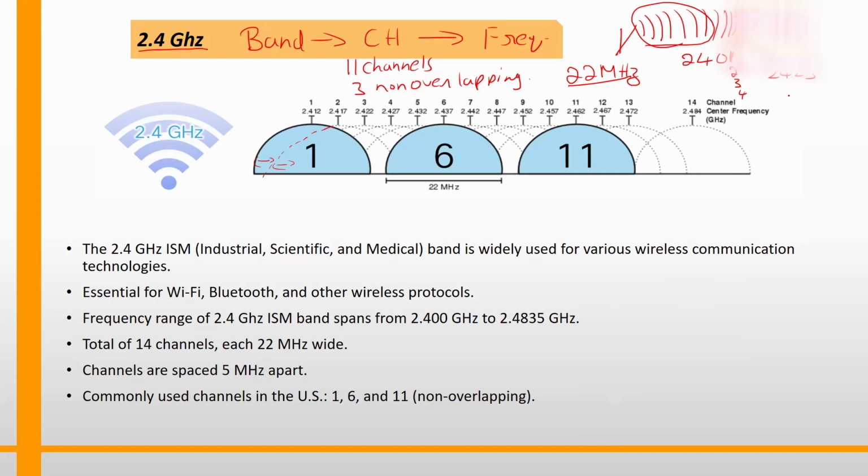When you use 22 megahertz, you can put more information onto your transmission. When you put more information, obviously the speed of the communication will be more, and the throughput will be more. So you have multiple frequencies, and the more frequencies, the more throughput you will have. That is the 22 megahertz wide channel you are having. In that channel, it starts at 2401 and ends at 2423.